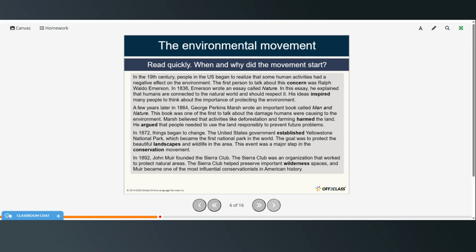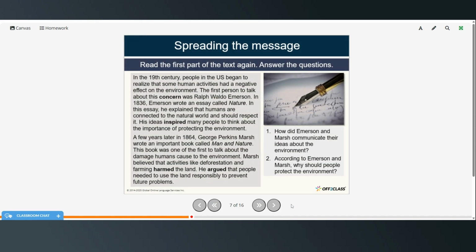The Sierra Club was an organization that worked to protect natural areas. The Sierra Club helped preserve important wilderness spaces, and Muir became one of the most influential conservationists in American history.